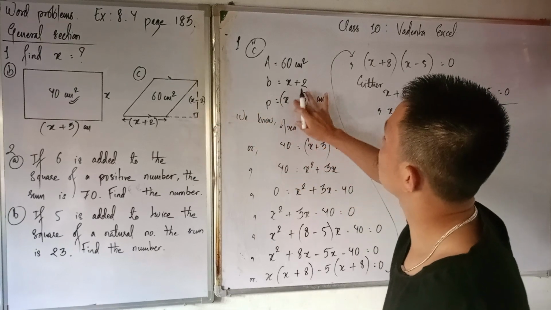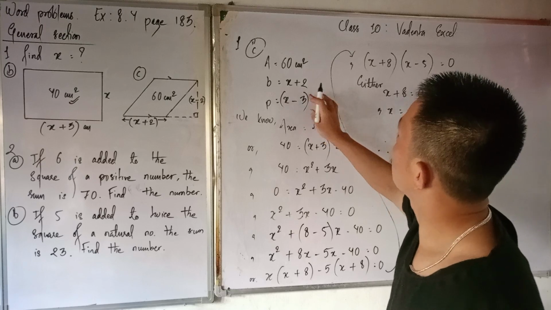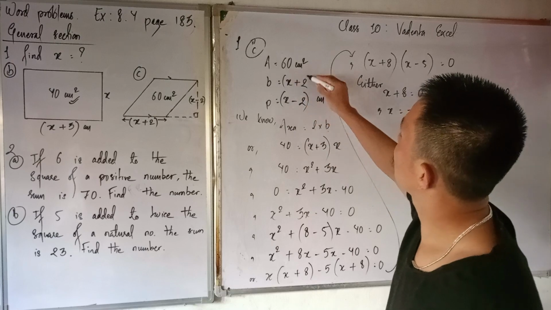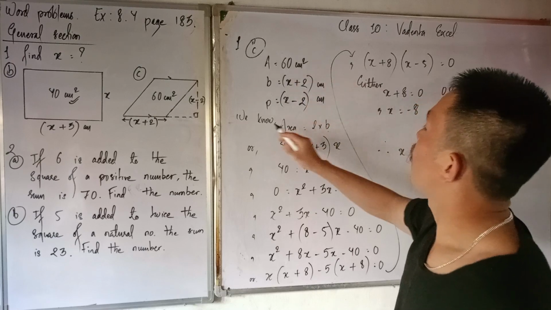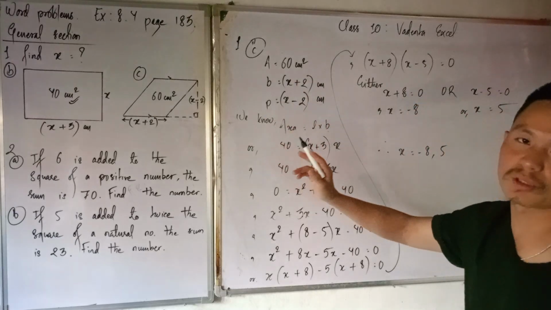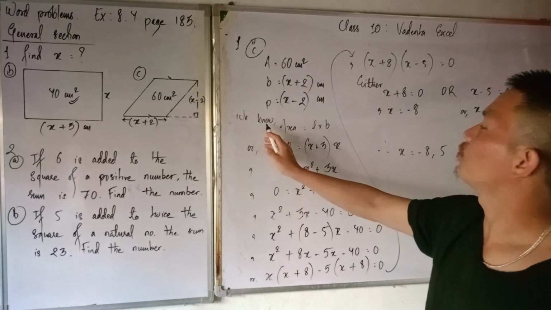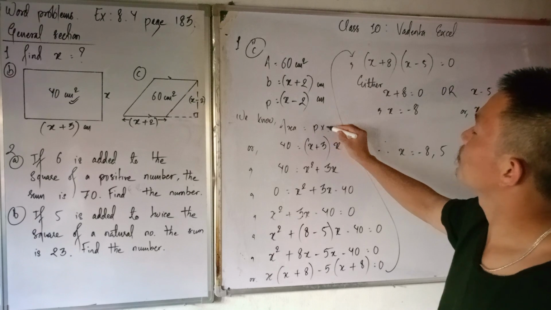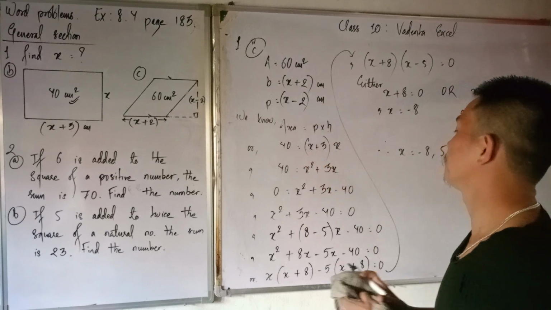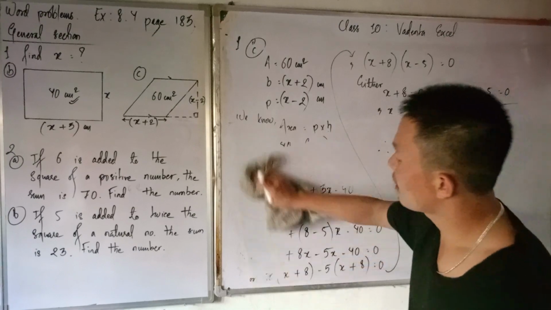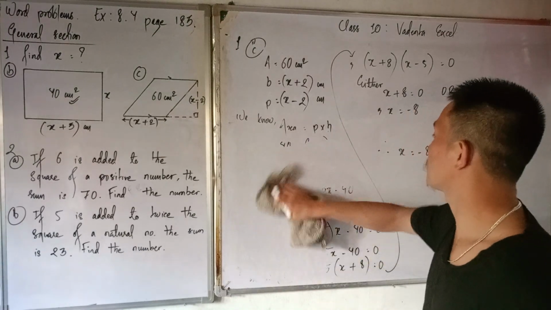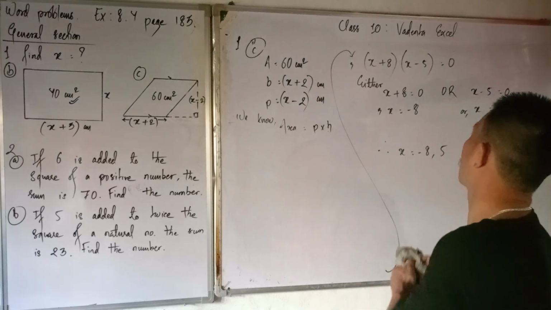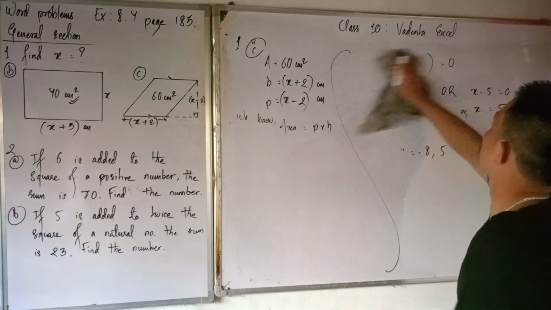So that is x minus 2 centimeters. Now same as the previous time, we know area equals perpendicular into base. Now replace the values and simplify, and you can find the value of x. So I'm going to rub this.